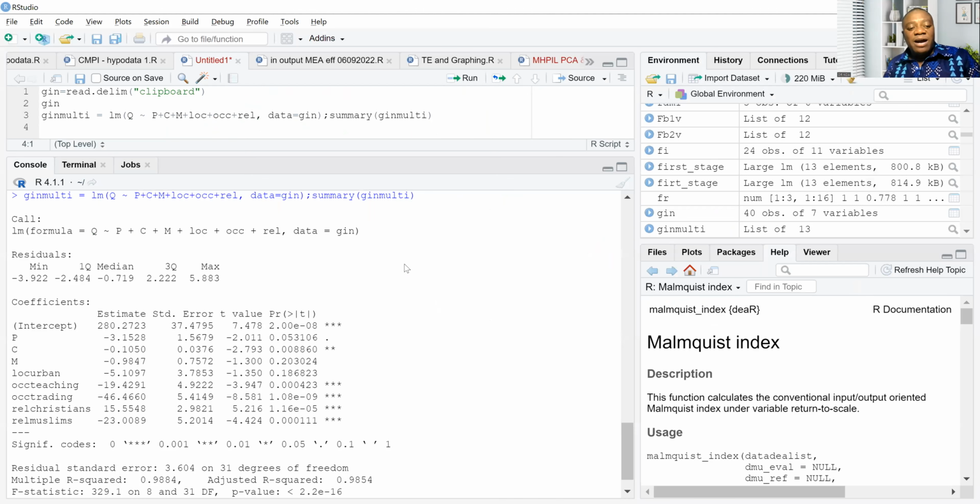What was the value of R square in percentage terms? Who can type it there? Type your answer for me. I said convert it to 2 decimal places before you give it as a percentage.